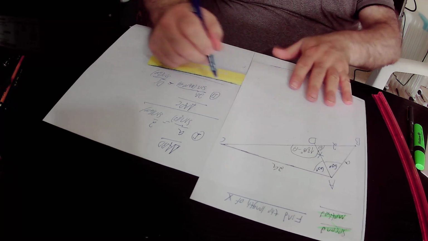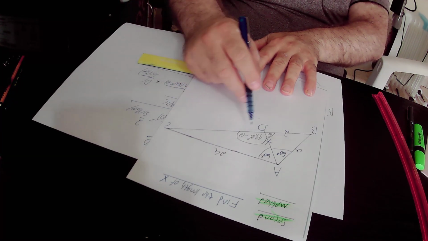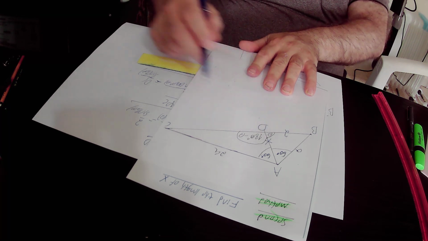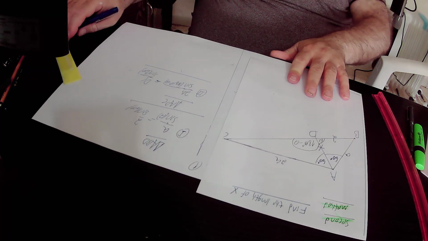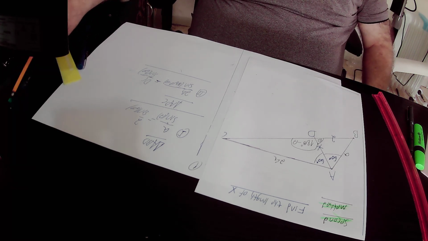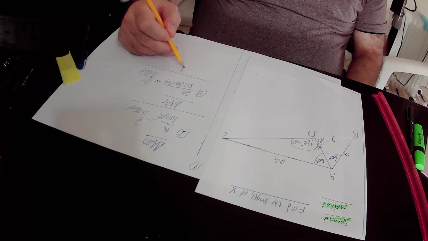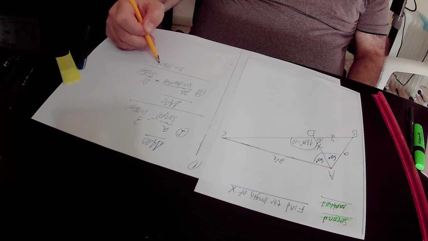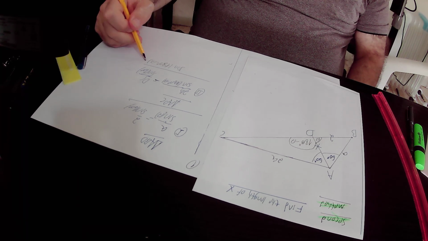Again, 2A over sine of 180 degrees minus theta equals DC over sine 60 degrees. We have the trigonometric identity that sine of 180 degrees minus theta equals sine theta.